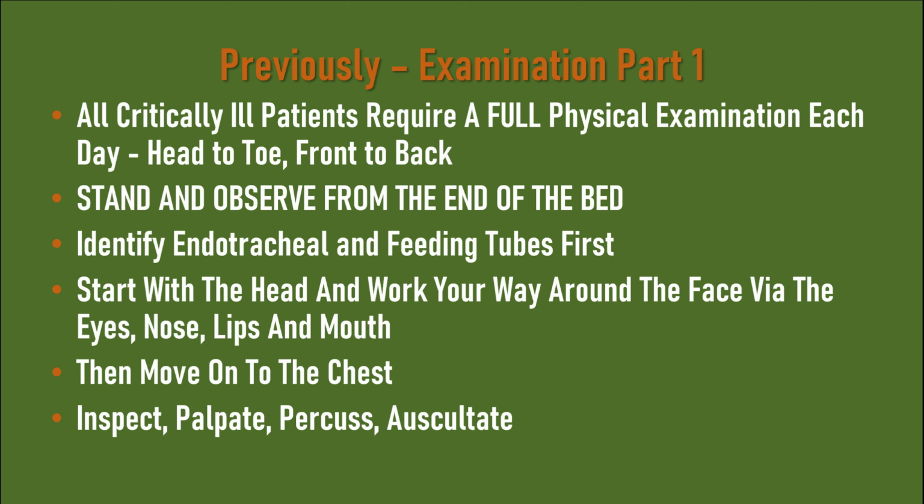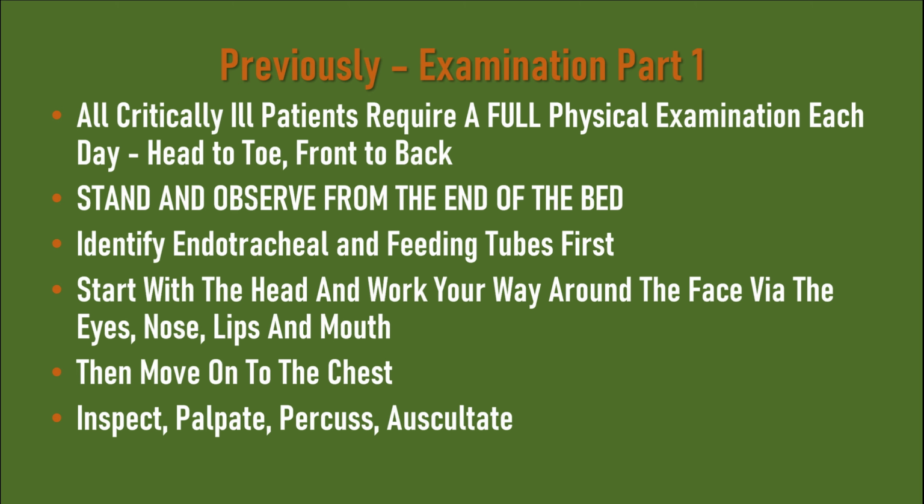Initially, it's imperative that you identify life-sustaining therapies and whether the patient has an endotracheal tube in situ and feeding tubes or nasogastric tubes. And then, when you're ready to start formal examination, you start with the head and work your way around the face via the eyes, nose, lips, mouth, and the mouth on the inside and outside to include the tongue.